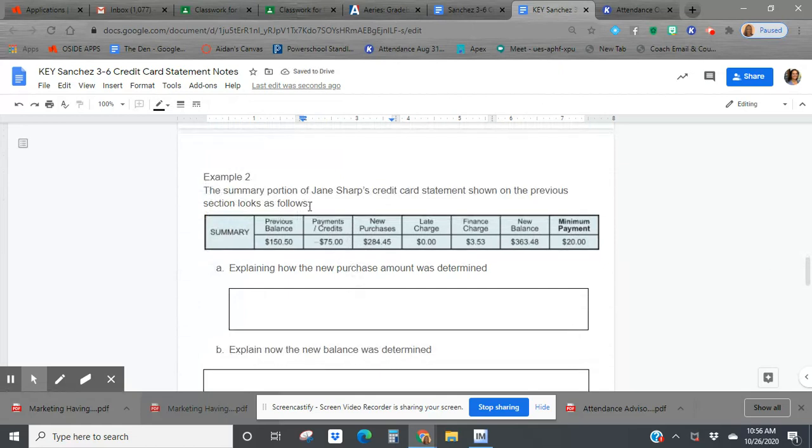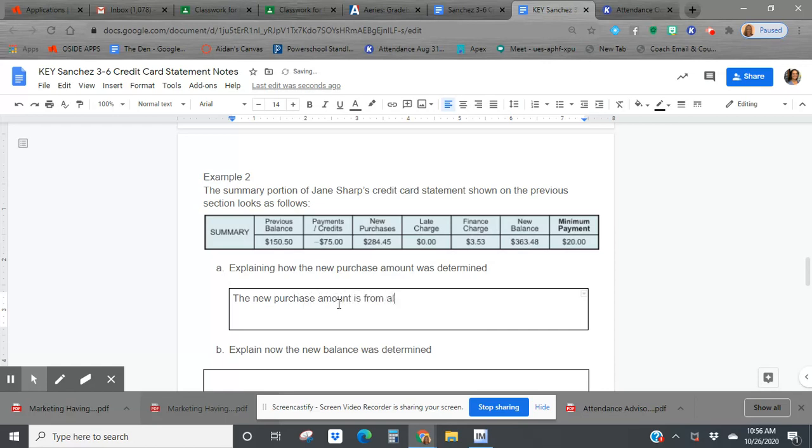Okay, in example 2, the summary portion of the credit card shown in the previous section looks like this. Explain how the new purchase amount was determined. So the previous balance, the payments and credit, the new purchases. So the new purchase amount is from all the things she purchased during the month.